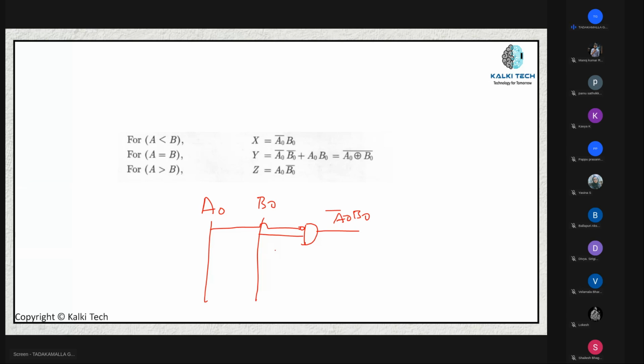And simply you can use here A naught B naught and an XNOR gate, and A naught B naught bar. So this is your logic diagram for your one bit magnitude comparator.